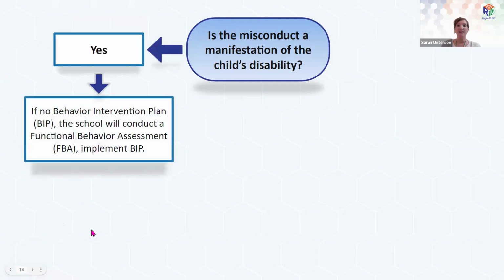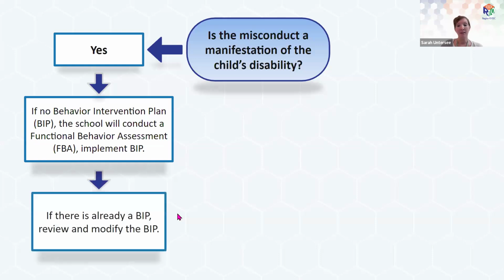If yes, then the ARD committee is going to consider a behavior intervention plan. And if no behavior intervention plan has been in place, then the school is going to conduct a functional behavior assessment, or an FBA, and implement that behavior intervention plan. If there is already a BIP in place, then the ARD committee is going to review and modify the BIP.